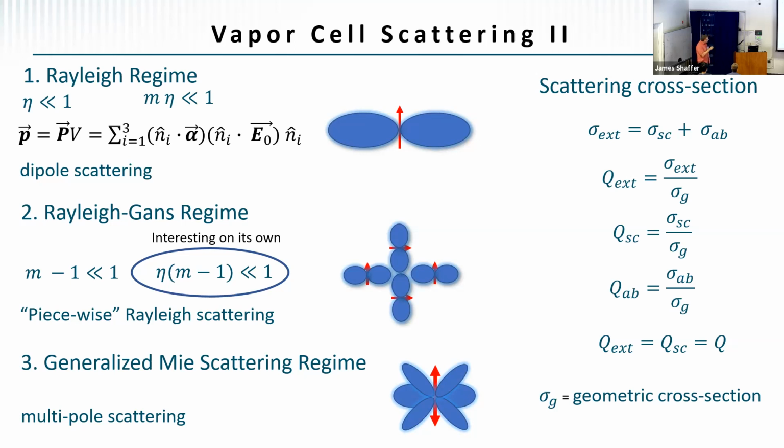So the way to look at the Rayleigh regime to the Rayleigh-Gans regime is that in this regime, you can break the vapor cell up into small piecewise pieces that each have a dipole in them.